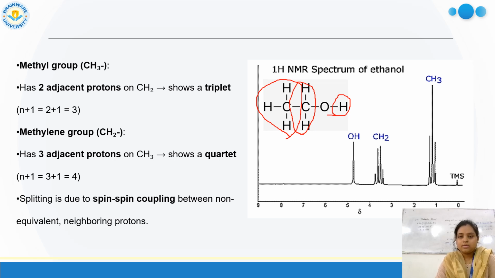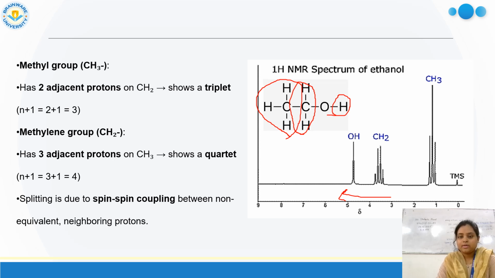Now which one will be deshielded? Obviously, the hydrogen which is attached to oxygen will experience more chemical shift, or more magnetic field, so that's why it will be deshielded here. Next will be obviously CH2, because it is attached to the carbon next to oxygen, so it is near to the oxygen.